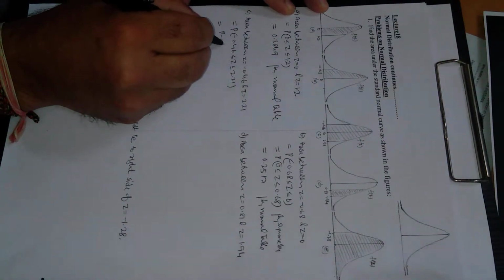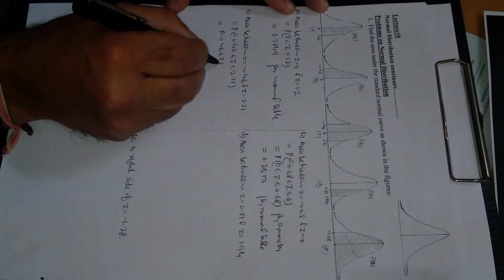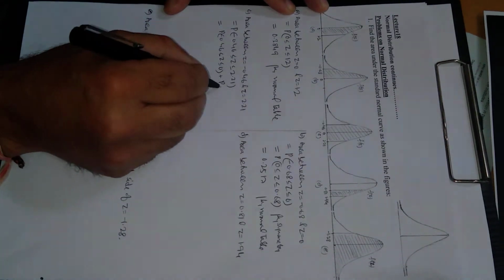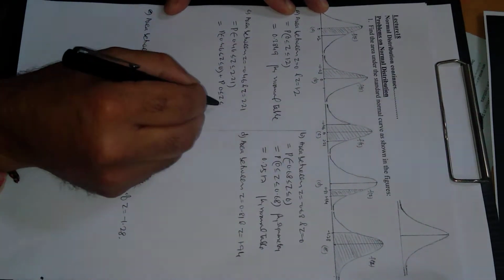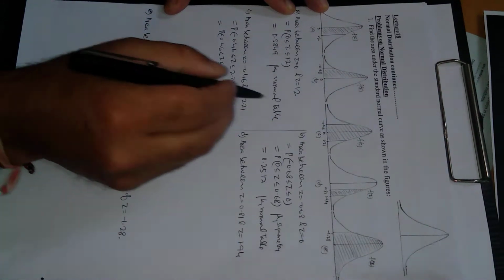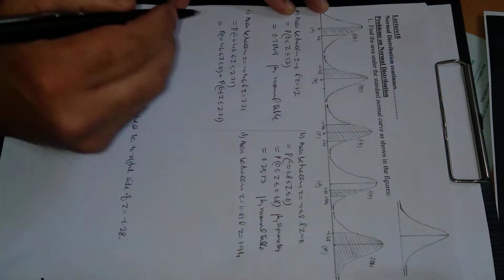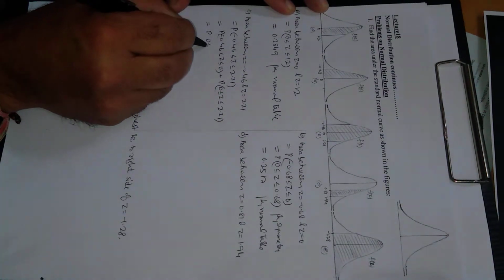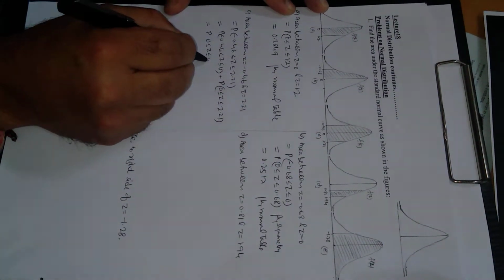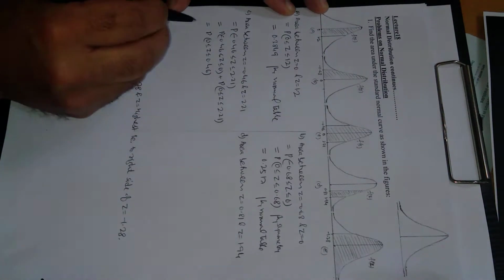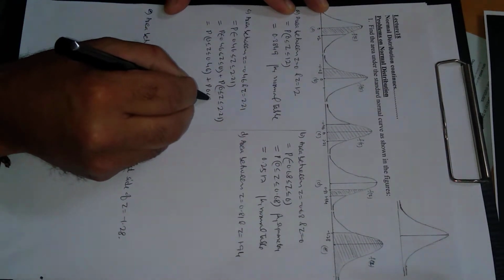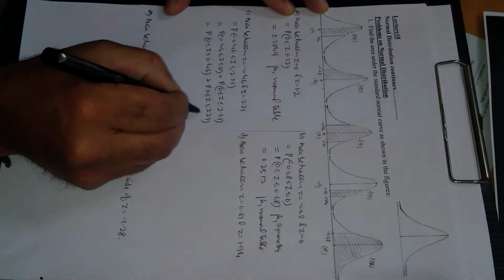So this is probability minus 0.46 less than z less than 0 plus probability 0 less than z less than 2.21. Now by symmetry the first probability can be written as 0 less than z less than 0.46, and the second is as it is, 0 less than z less than 2.21.